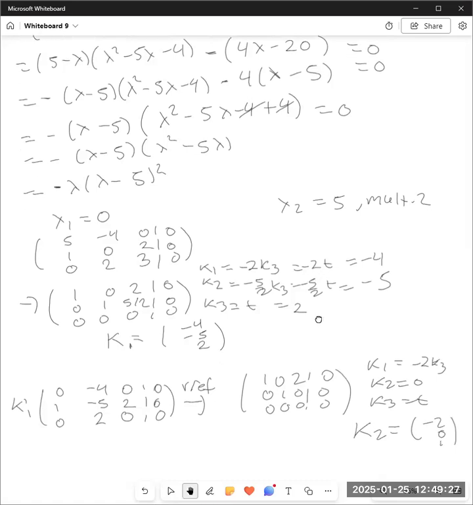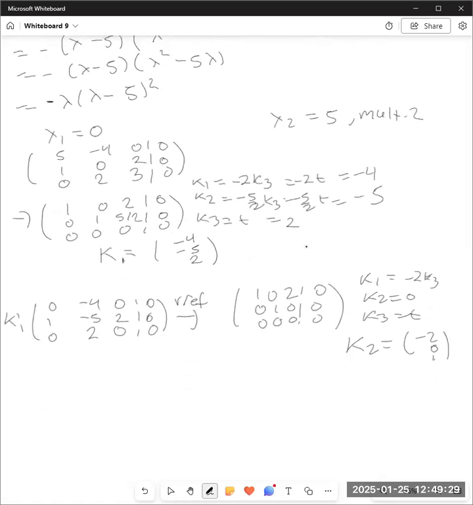Now I'm going to have to find my matrix P since this is repeated. So for that, that is 0, negative 4, 0, 1, negative 5, 2, 0, 2, 0, and negative 2, 0, 1.